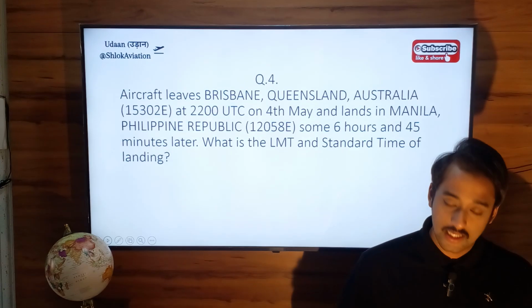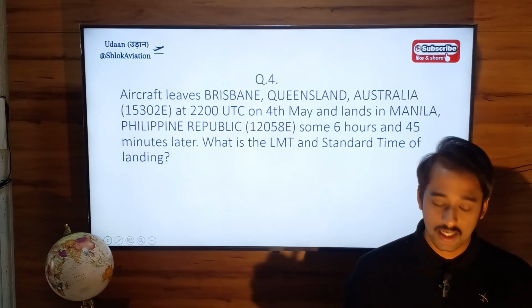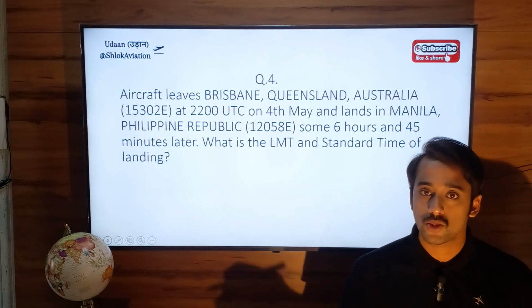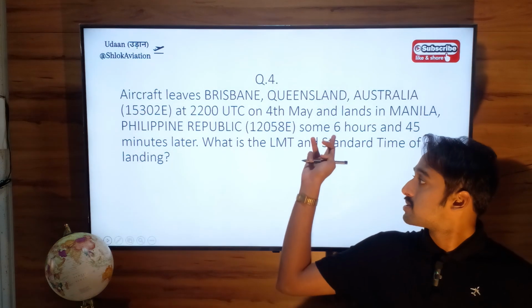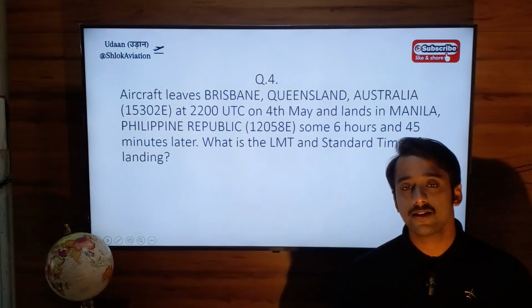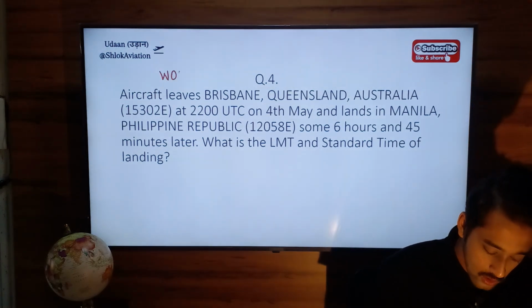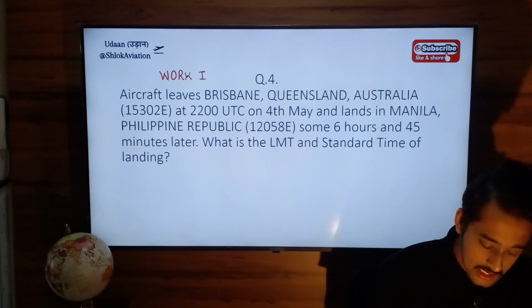Okay, as I have told you in the previous lecture solving a question similar to this, whenever such a problem comes where a flight time is given, 6 hours 45 minutes or any other flight duration, you have to work in UTC.